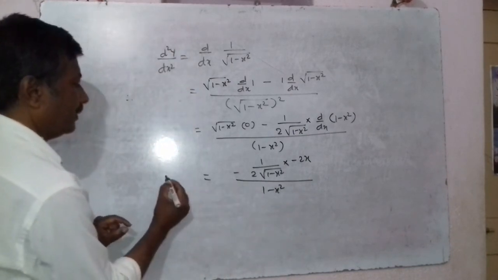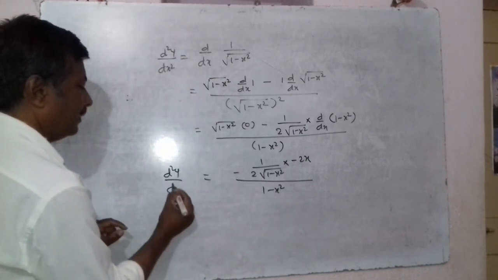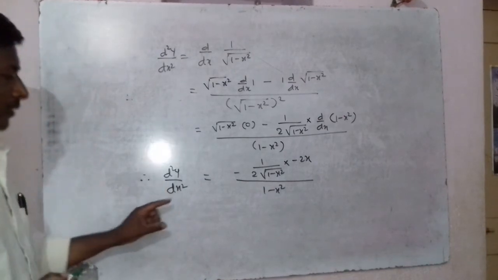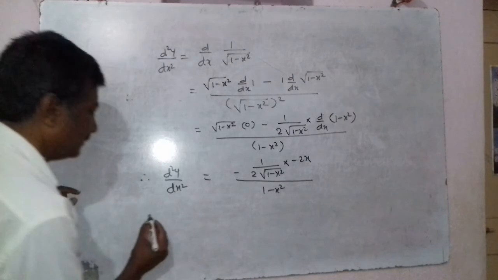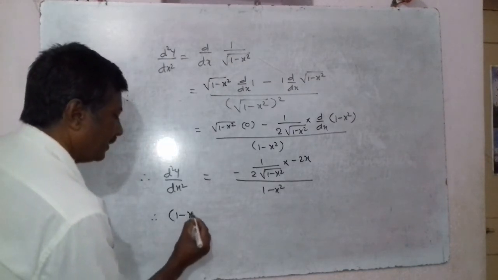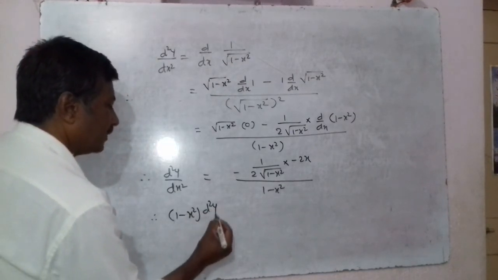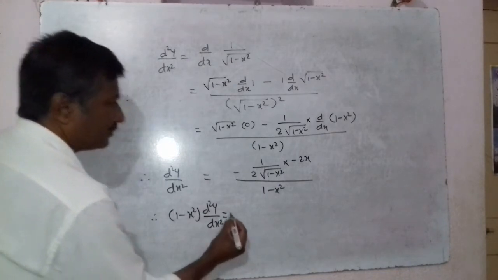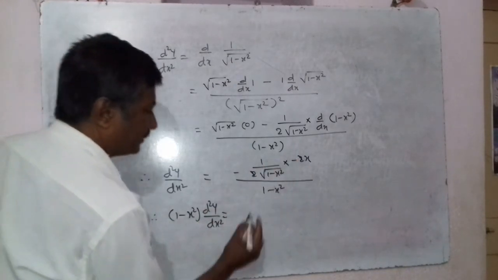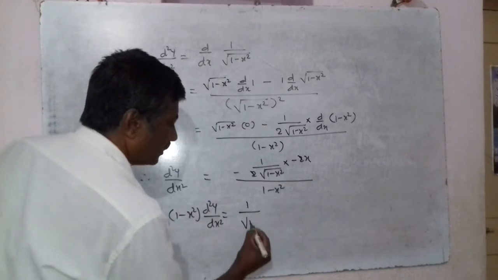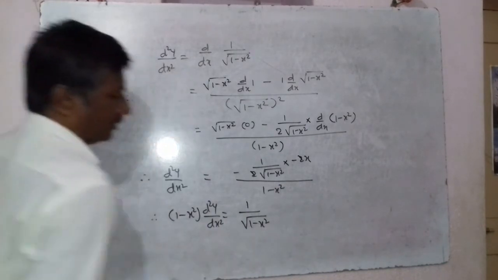So this is all d square y by dx square. Now cross multiply. Therefore (1 minus x square) d square y by dx square equals, here the 2 gets cancelled, minus minus plus, x upon root of 1 minus x square.